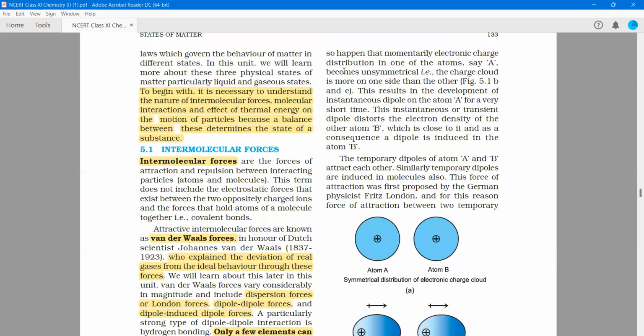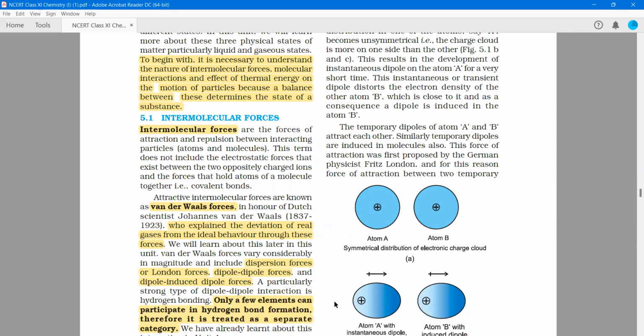It may so happen that momentarily the electronic charge distribution in one of the atoms, say A, becomes unsymmetrical. That is, the charge cloud is more on one side than the other. Atom A, which had a symmetric electronic charge distribution, now for a particular time has an unsymmetrical distribution.